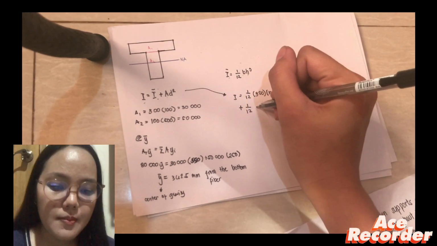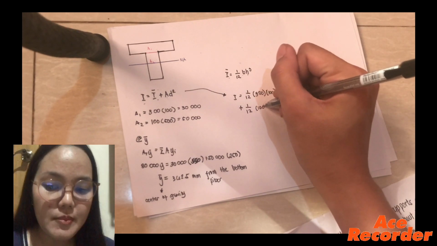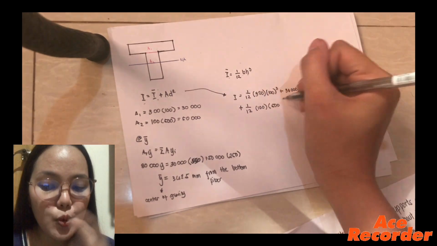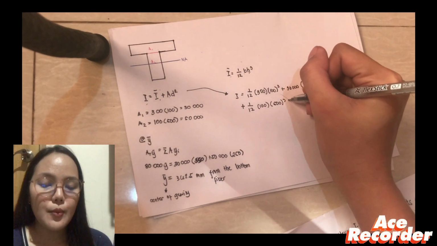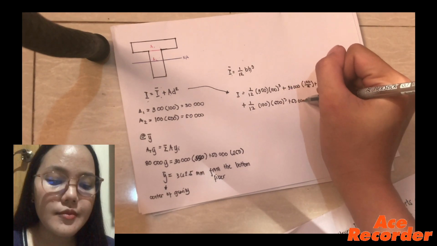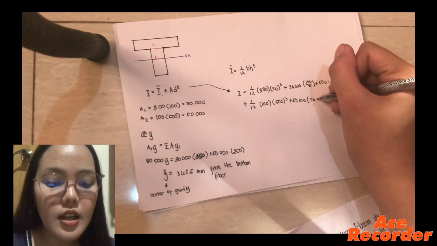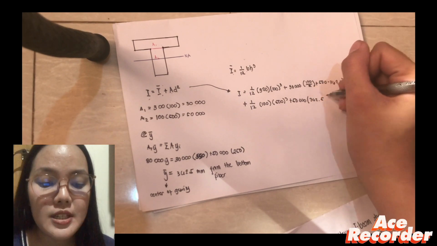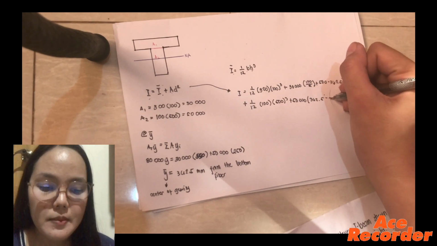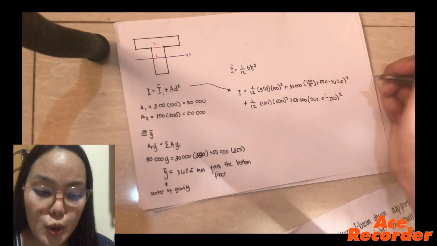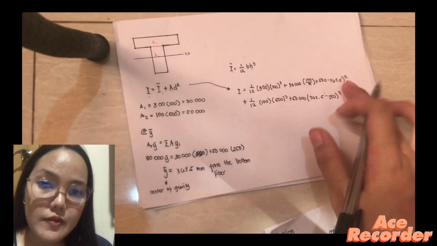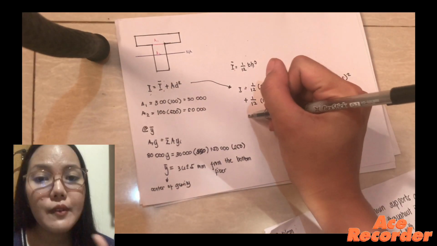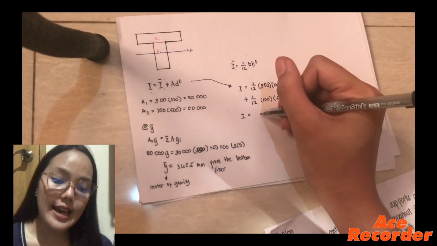Now, plus another from the segment A2, or from the area 2, 1/12 times 100 times 500 to the third power plus 50,000 times 362.5 minus 250 squared.